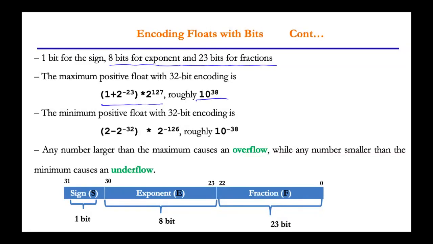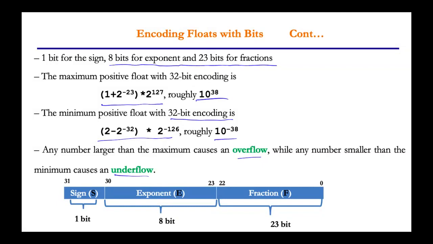So that is roughly 10 to the power of 38. And the minimum positive float for your 32-bit encoding is 2 to the power of minus 23 multiplied with 2 to the power of minus 126, that is roughly 10 to the power of minus 38. All other numbers out of these ranges come as your overflow and underflow.